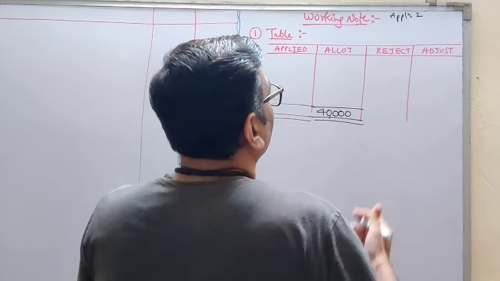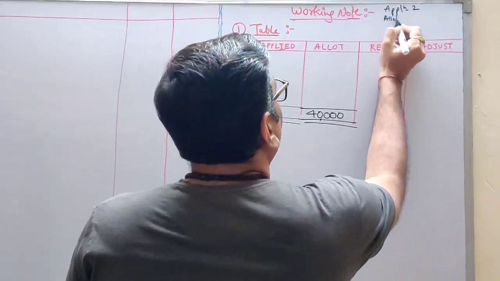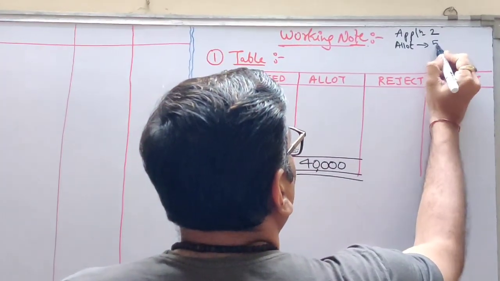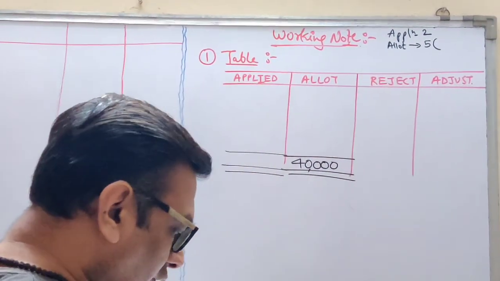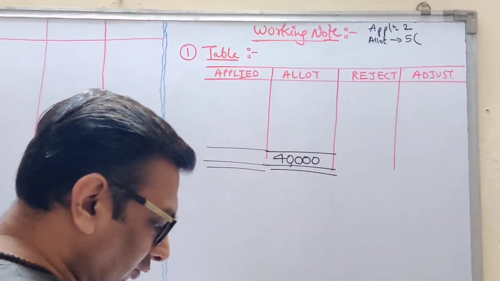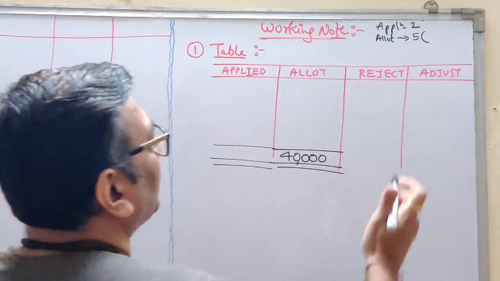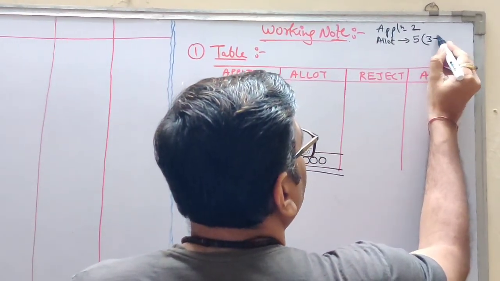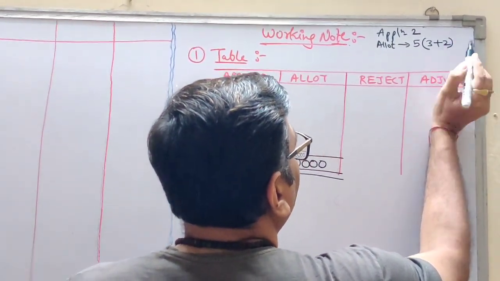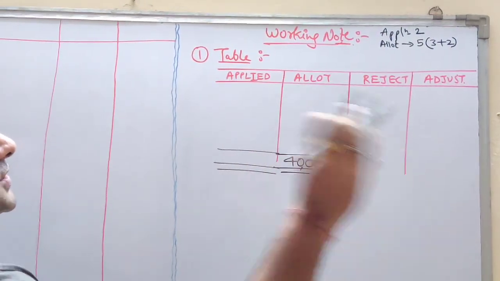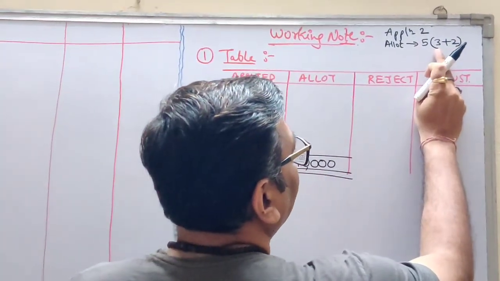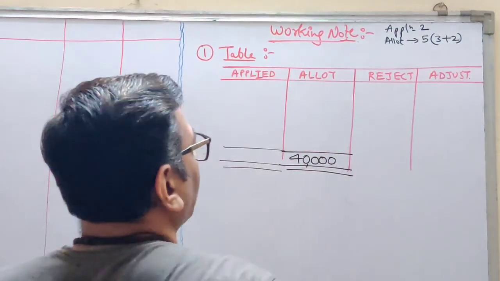On allotment we are going to receive 5 rupees including premium. Question says including premium. So how much premium was there? 2 rupees. So if I split this allotment money, it will be 3 plus 2. 3 rupees is capital money, 2 rupees is premium money.